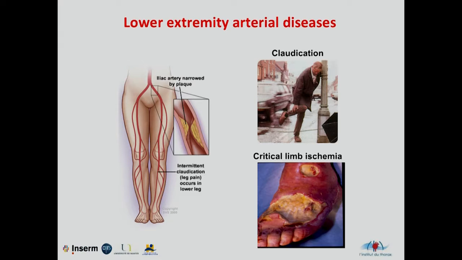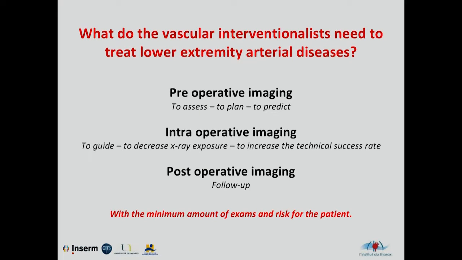As you know, lower extremity disease is mostly about two kinds of symptoms: claudication, so impairment of the walking distance, but mainly CLI, and in this case the interventionalist should save the limb. So what do vascular interventionalists need to treat lower extremity arterial disease? First, we need preoperative imaging to assess, to plan, but also to predict the outcomes after the intervention.